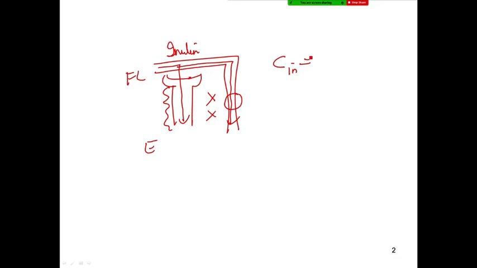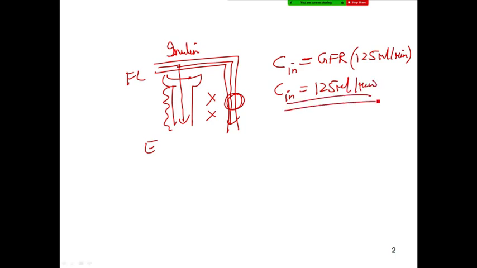So the clearance or removal of inulin depends on only one process. What is that? GFR. It only depends on GFR, which is 125 ml per minute. So what's the volume of plasma which removed inulin? That's clearance is going to be 125 ml per minute. It's exactly equal to GFR. So every minute 125 ml of plasma is removing inulin.